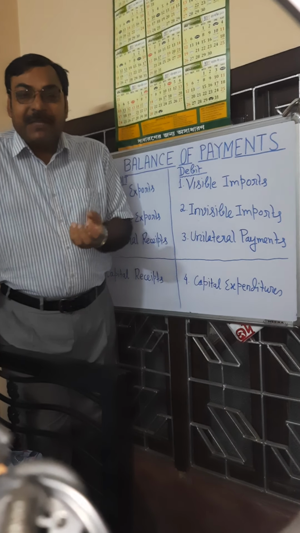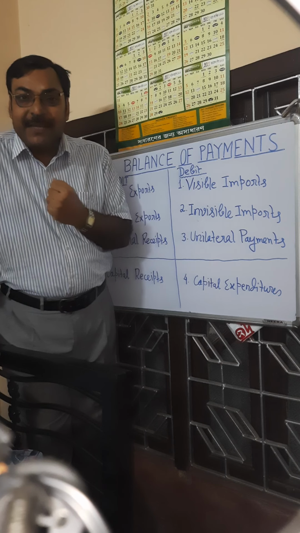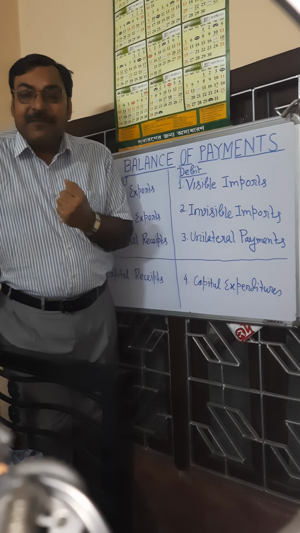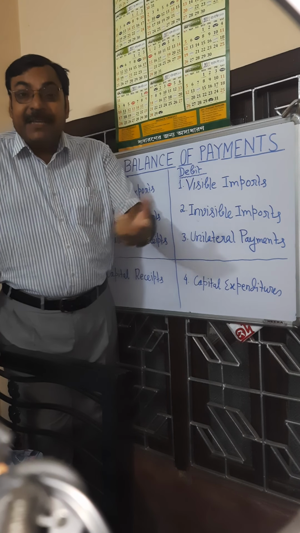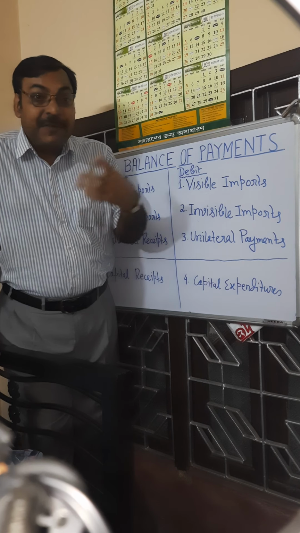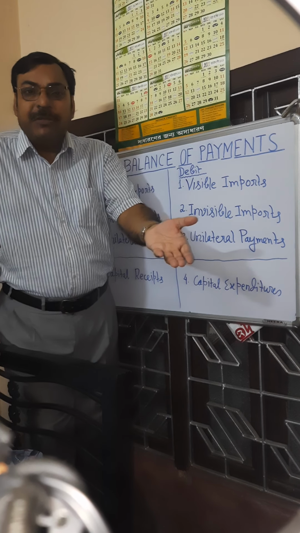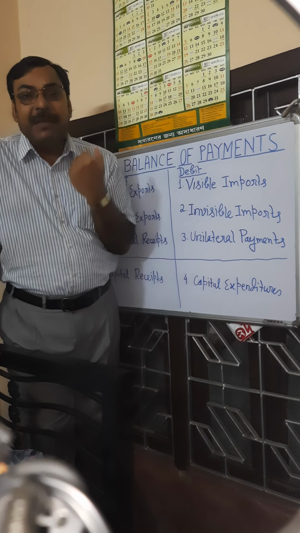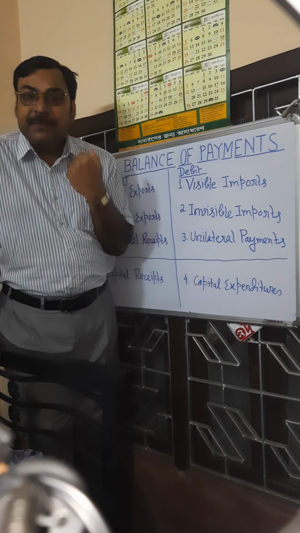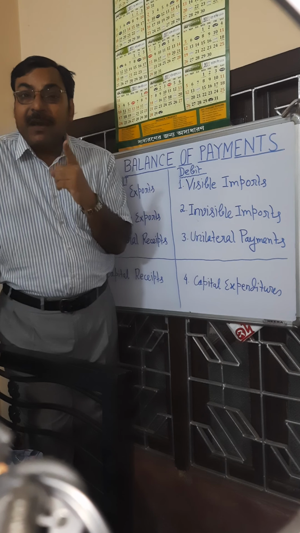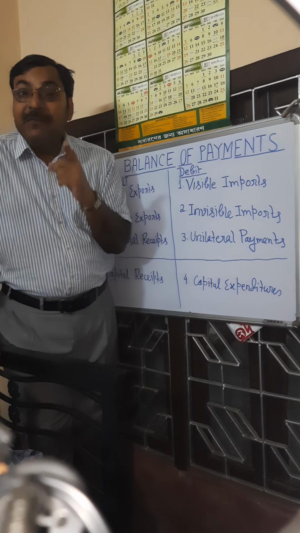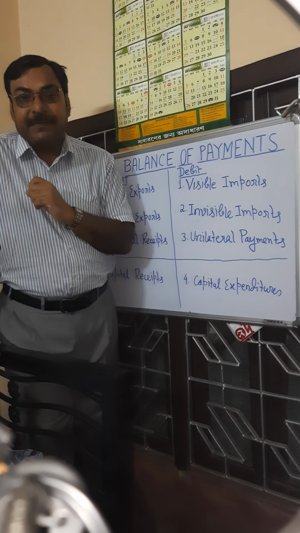We may purchase banking service from outside, insurance service, consultancy service, services of savings. All these may be sold to the outer world. These services may be purchased from the outer world. So services are within the invisible items of trade.